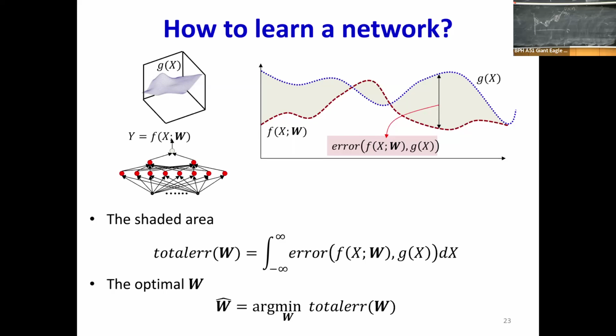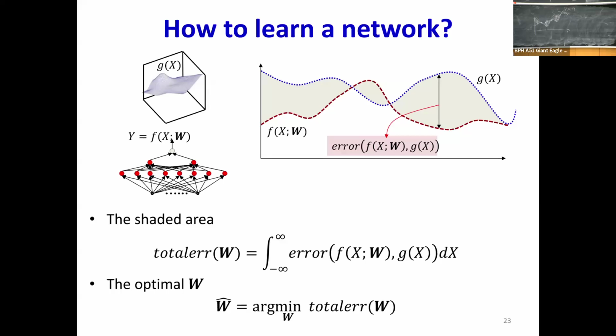So we need to define an error function, which I've just represented as error right now. The shaded area, of course, is going to be the integral of this error over the entire input space, so the integral of the error over x going from minus infinity to plus infinity. And our problem is that of determining the W that minimizes this error.